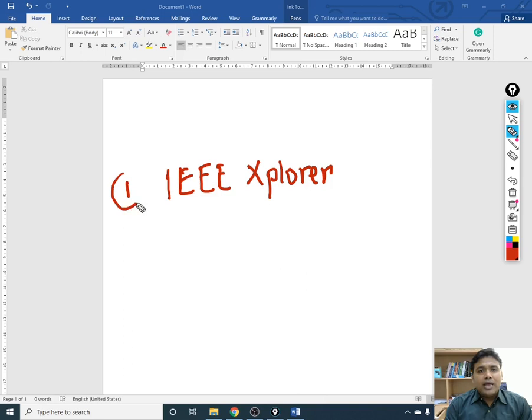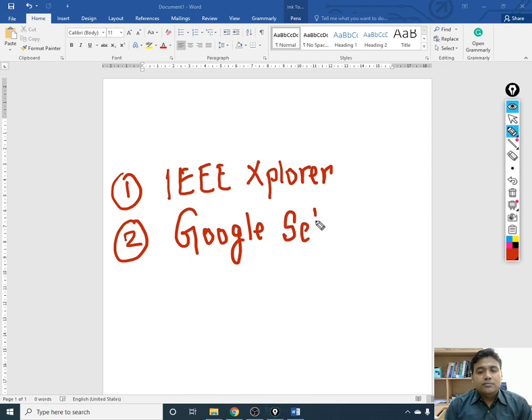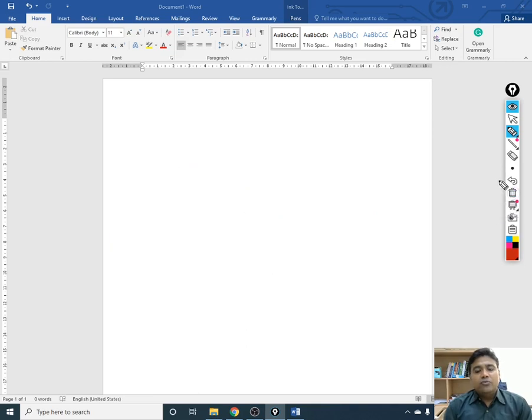Number one, IEEE Xplore, and number two, Google Scholar. These are the two important search engines where you can search for a topic which is suitable and belongs to your area of research. Let us see how we can do that.